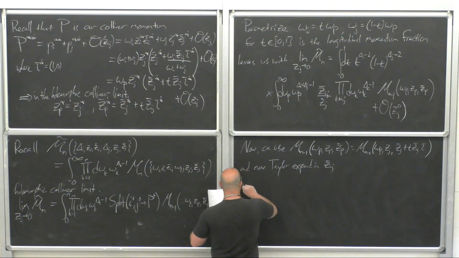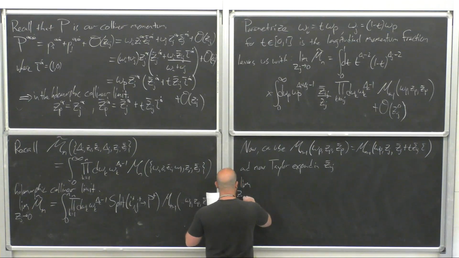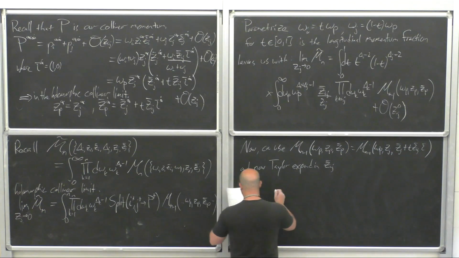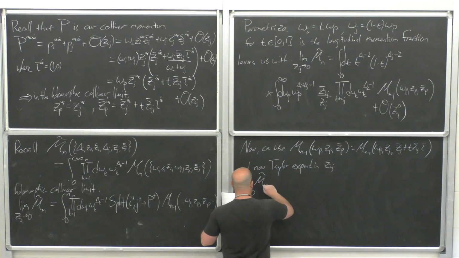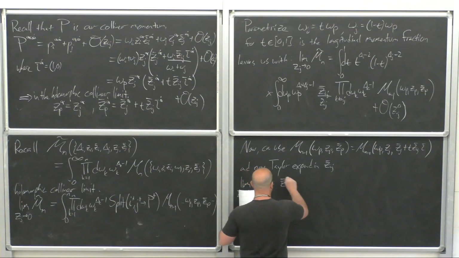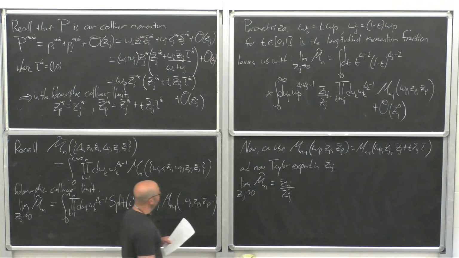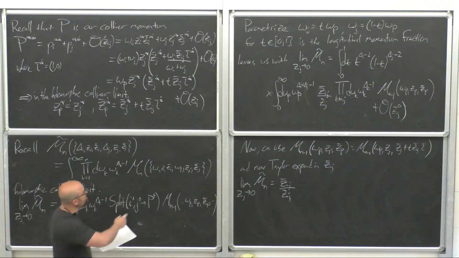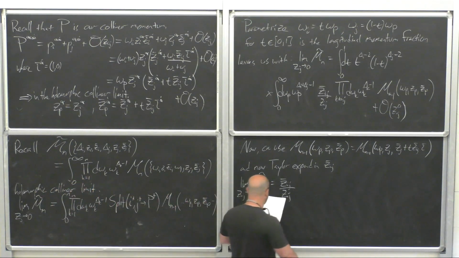So what we get is the following. This angular bit of the collinear splitting function just cruises outside of all of these integrals.